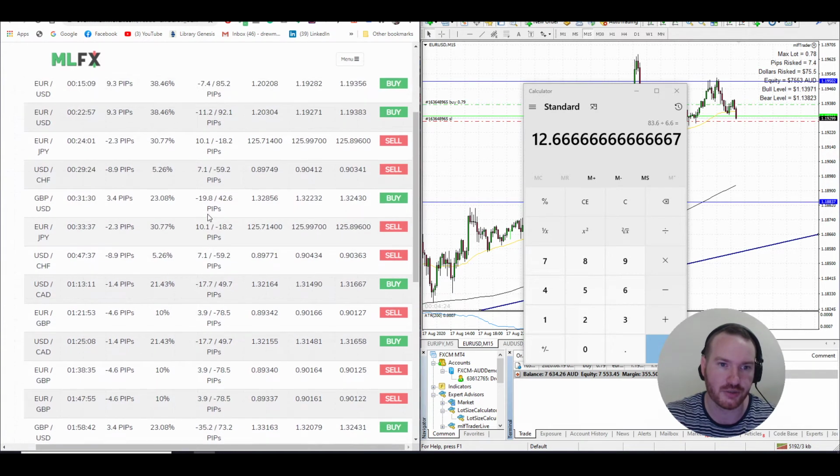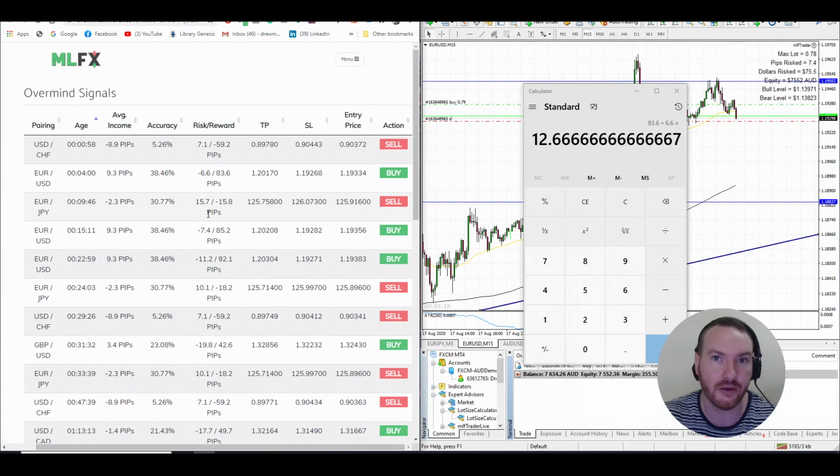Those kind of trades where it's not going to take all day or multiple days to materialize. And you should, because of that, get a higher accuracy because they're more likely than not going to materialize. Your take profit's more likely to hit versus one that's an extra 40 pips or so.